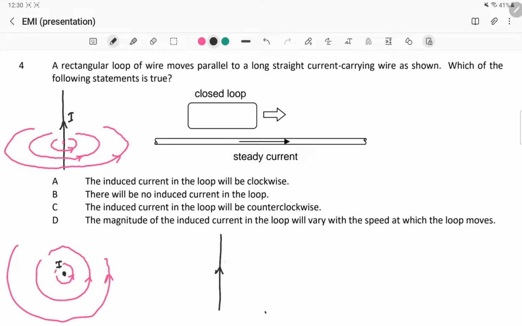If the wire is like this, you consider the plane that the wire lies on. On the right hand side, you represent it by crosses, and because the concentric rings get further and further apart, these crosses will end up becoming further away from the previous set of crosses. Same for the dots.